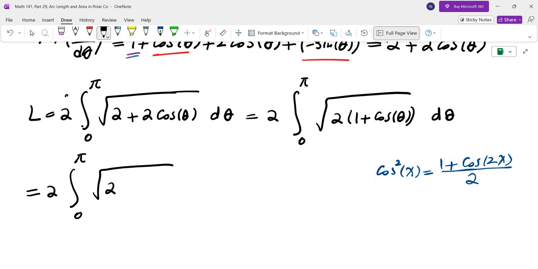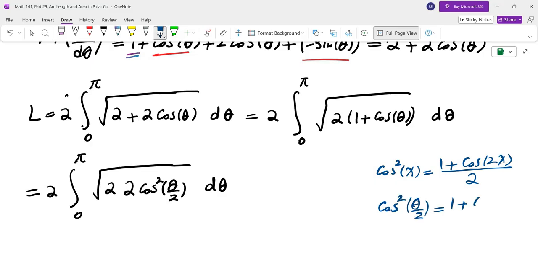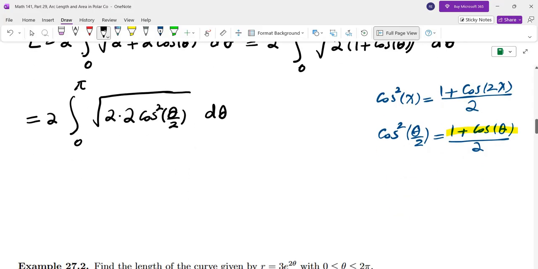If we replace x by theta over 2, we would get 2 cosine squared of theta over 2 d theta. So what we did was substitute x by theta over 2. So we get 1 plus cosine of theta all over 2, and then we solve for 1 plus cosine of theta. Now, inside the square root, we have a 4.